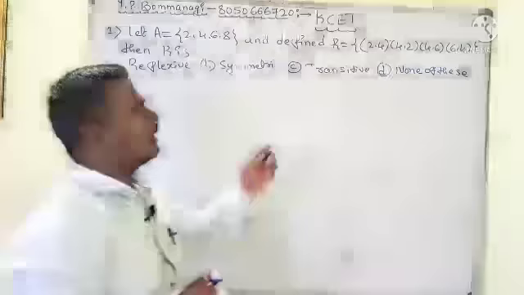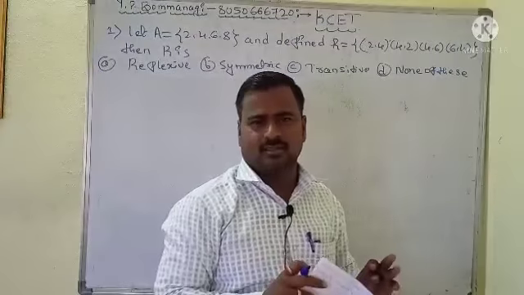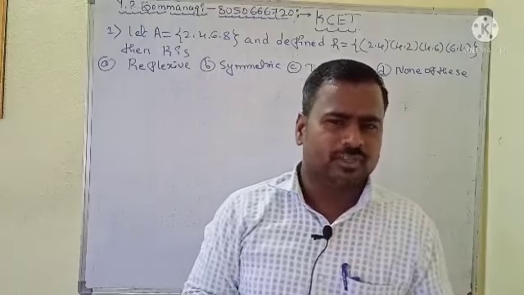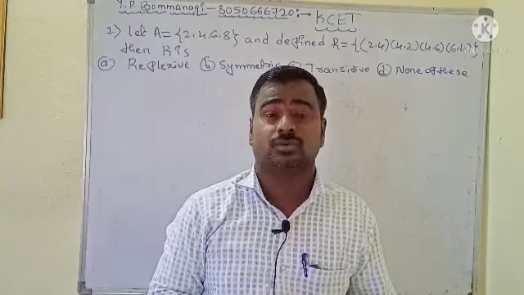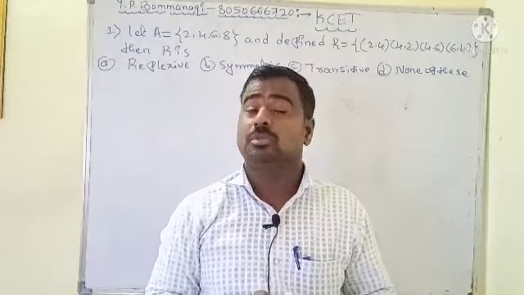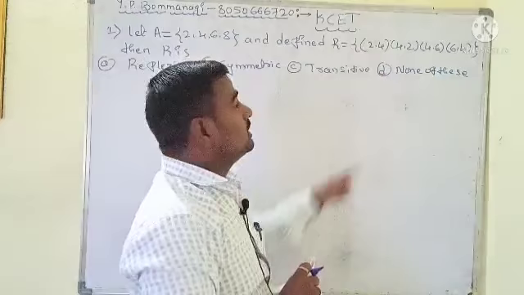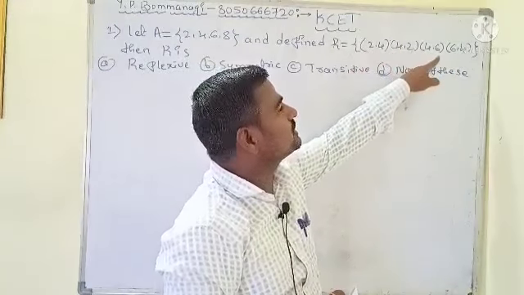Most important, you have already cleared that answer. How are you going to find it? I said I will revise those values. What do you mean by reflexive? What do you mean by symmetric? What do you mean by transitive? The pairs are (2, 4), (4, 2), (4, 6), (6, 4).